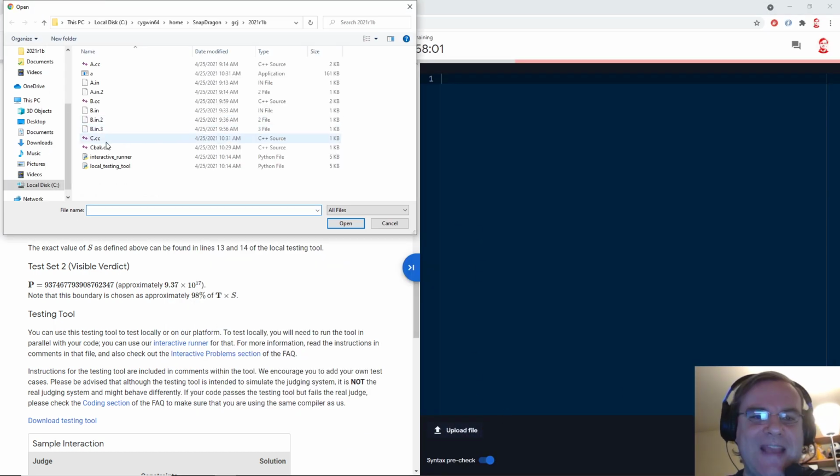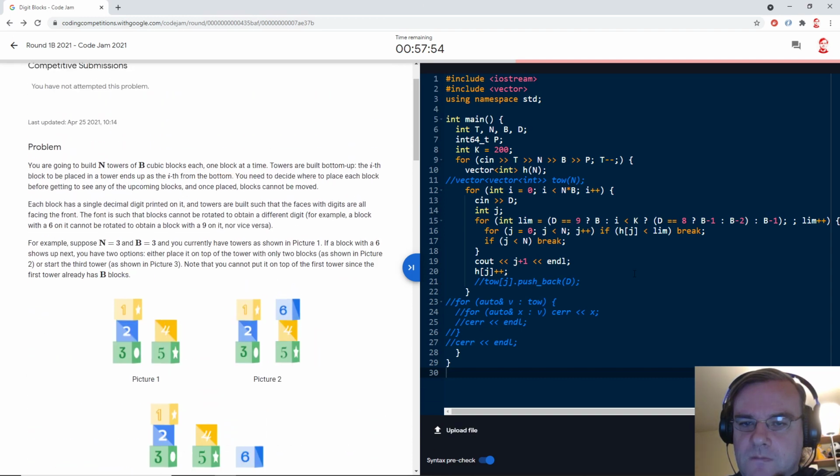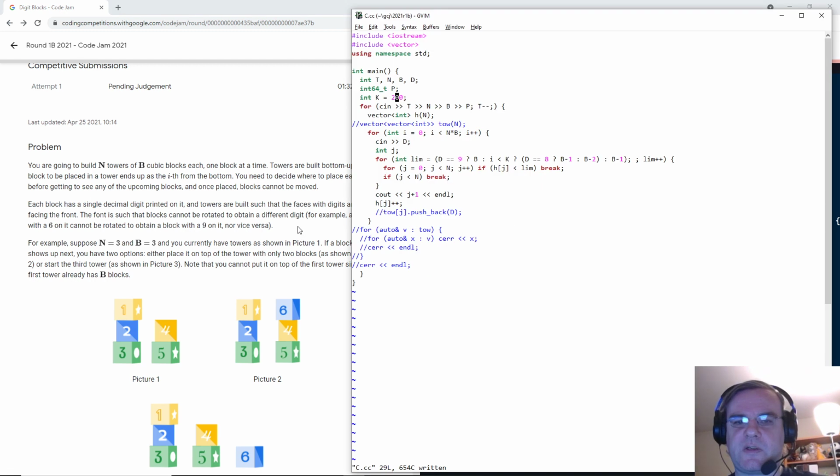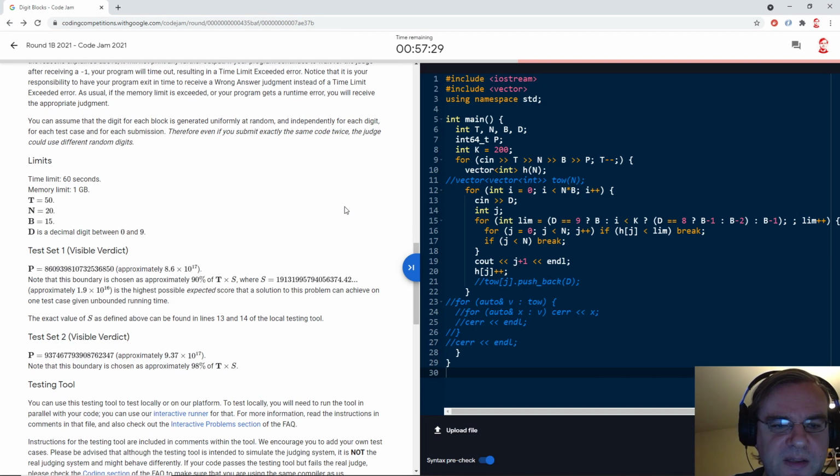This is not exactly the optimal solution I had in mind, but we only need 90%. So we'll just submit until it works. That's why they made them both visible, I guess.